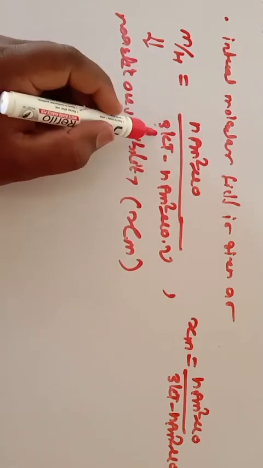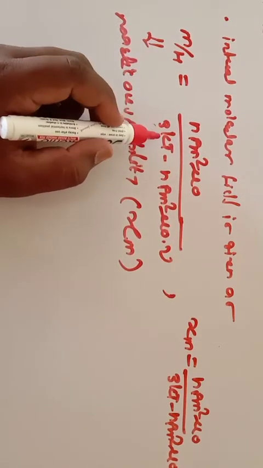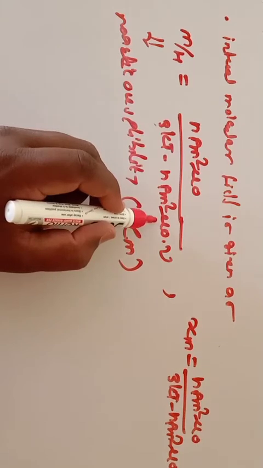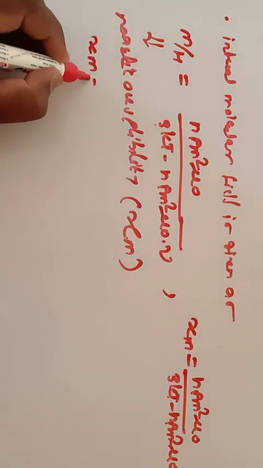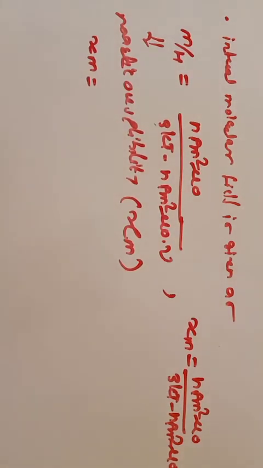For getting 3k as a common, you have to divide the denominator by 3k. So what you get is x by m, or chi by m. For our convenience we consider it as x.